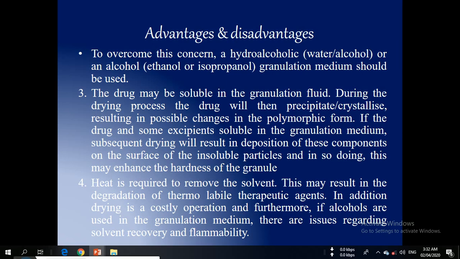There may be chances of degradation, or you can say spoilage. In addition, drying is a costly operation, and furthermore, if alcohol is used as the granulation medium, there are issues regarding solvent recovery and flammability.